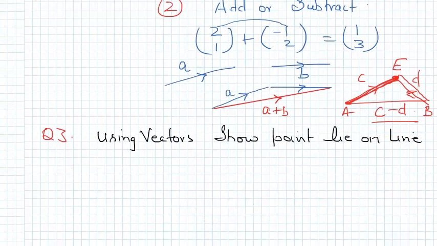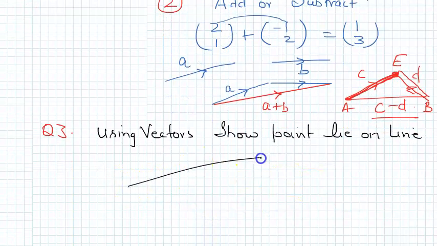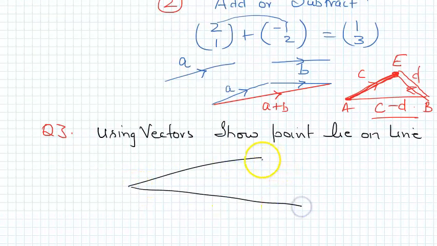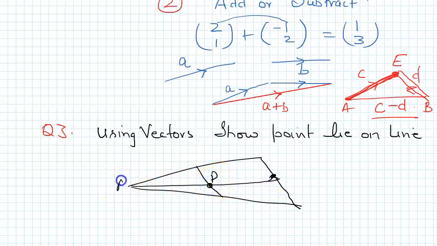In such questions, there will be this kind of a figure, then this one is there, this is crossing at P. So show that P lies on line AB. You have to show this one.